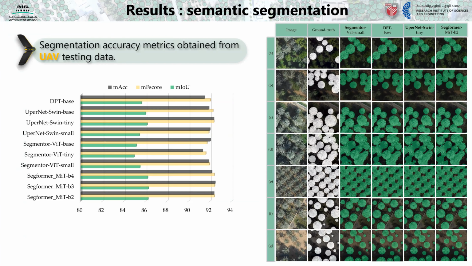The figure on the right shows, starting from the left, a sample of images selected from the testing dataset, the ground truth label, followed by the segmentation results of dense prediction transformer, and in the end the SegFormer model. The result is impressive, actually.